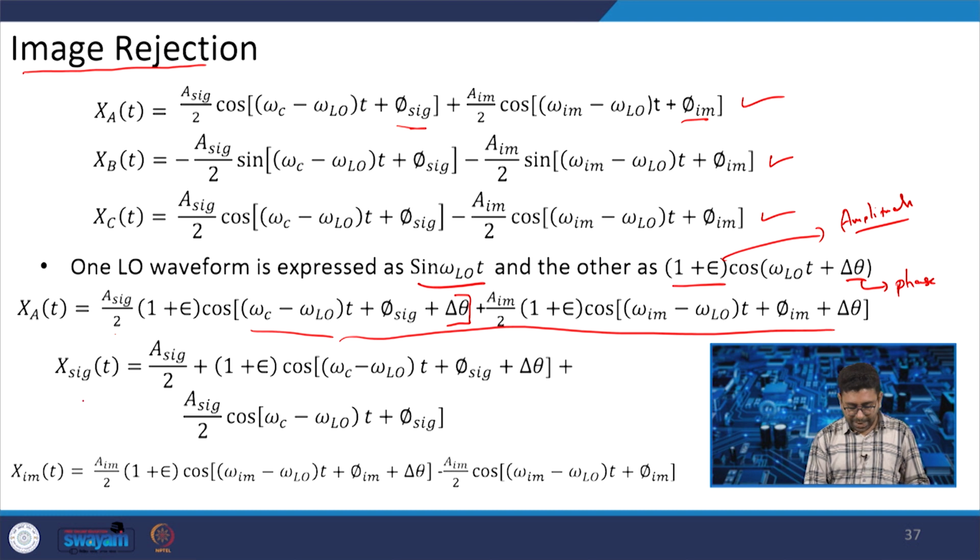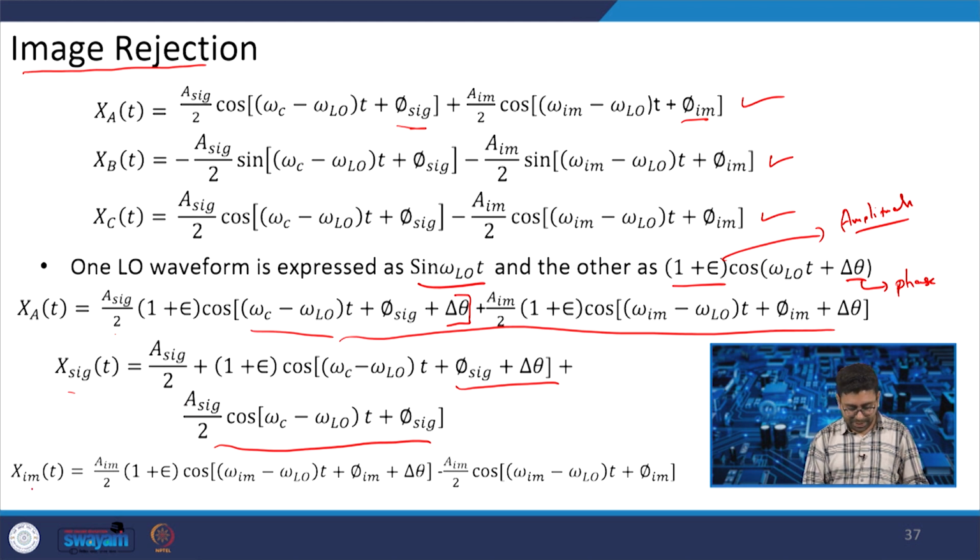So, A_signal(t) again you can write as A_signal by 2 (1 plus epsilon) cos((omega_c minus omega_LO) t), and this is x_signal, which has both image and signal.